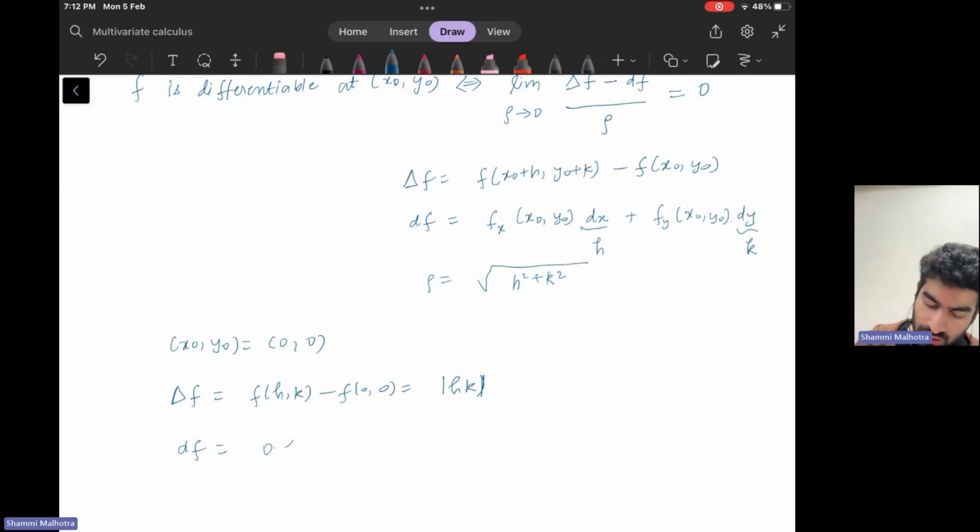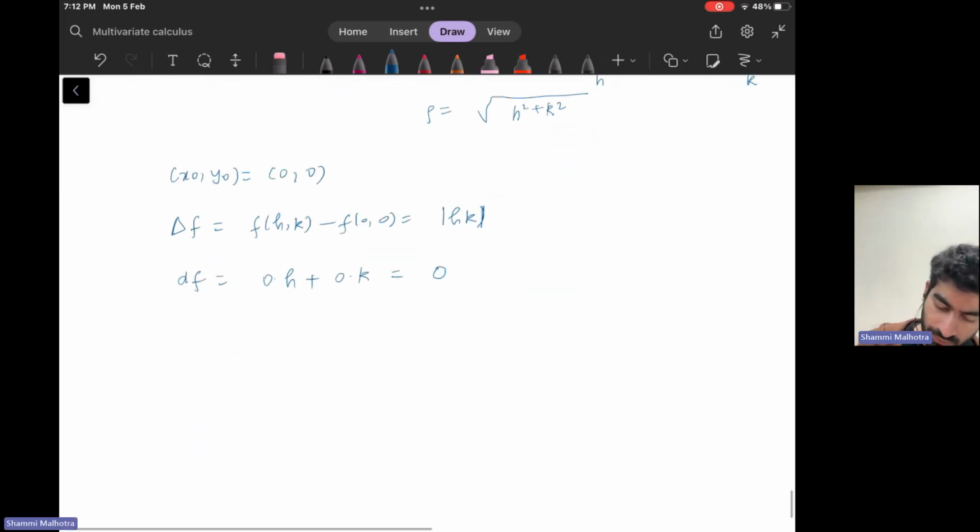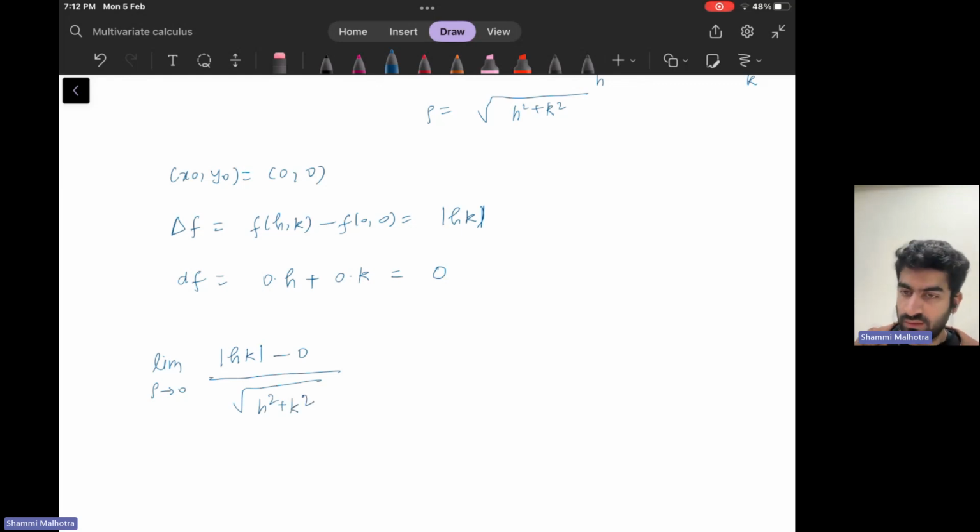So 0 times h plus 0 times k will be 0 only. So the limit I have to calculate, rho tending towards 0, is mod hk minus 0 whole divided by square root of h square plus k square. So I just have to calculate whether this limit exists or not.